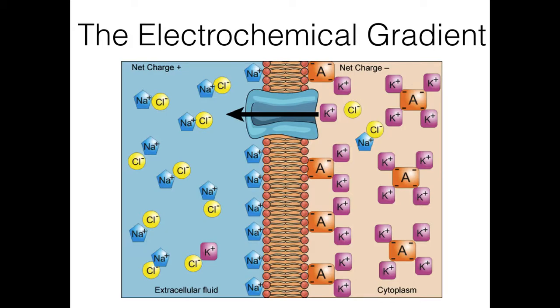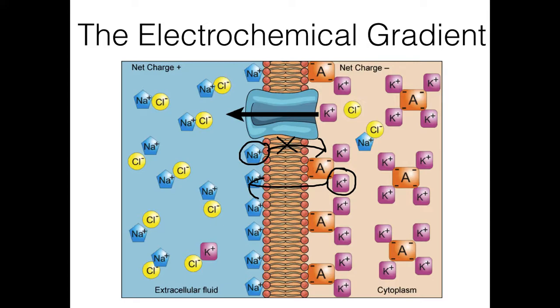Which way does diffusion say that the sodium would want to go? Well, sodium would want to diffuse this way, and potassium would want to diffuse that way. Things want to diffuse down their concentration gradient, but they can't because the membrane does not let them through. Well, or at least the sodium can't.